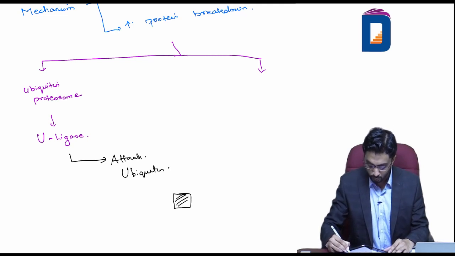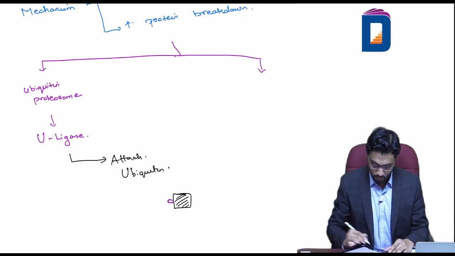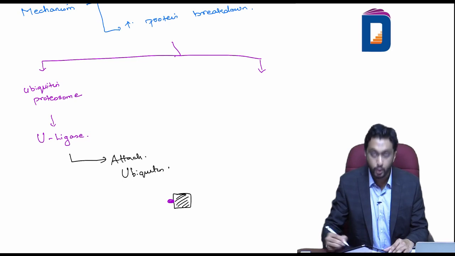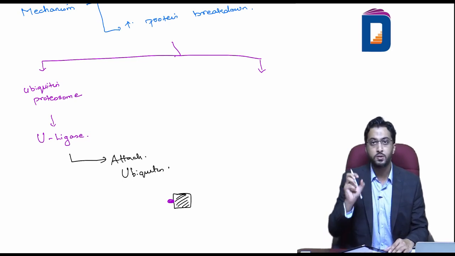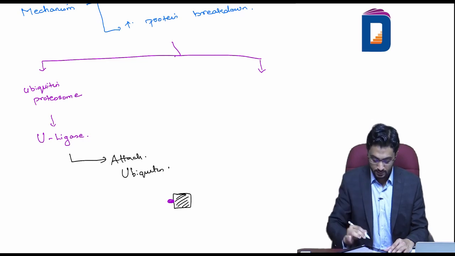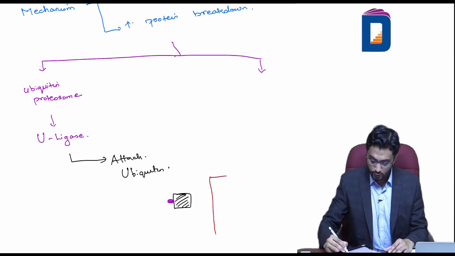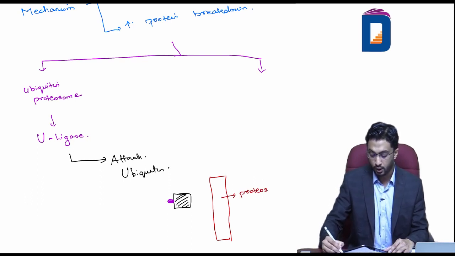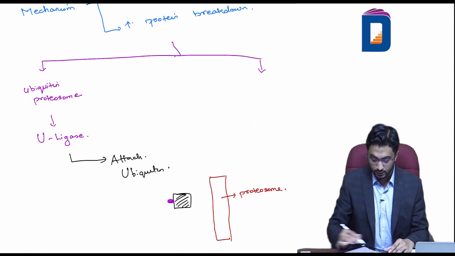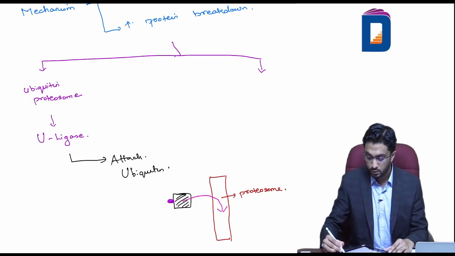For example, imagine this is a protein. Now it goes and attaches a ubiquitin to it. Once this ubiquitin is attached to a protein, it gives a signal to a particular organelle called the proteasome, and it engulfs this protein.